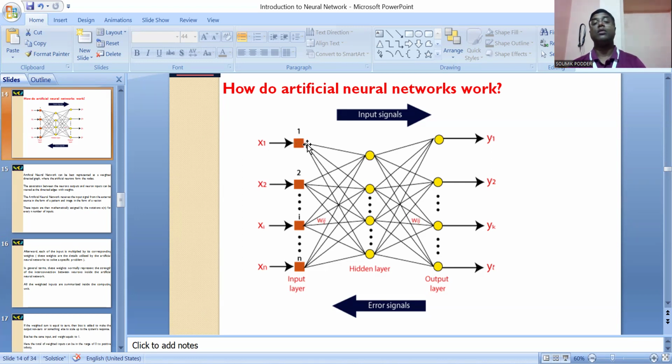Similarly, this will be W12, this will be W13, this will be W14, and so on. Then the same signal will again go through a cross connection between the hidden layer and the output nodes, which will again be defined by Wij. Thus there will be a large number of combinations from which we can develop different outputs y1 to y3.